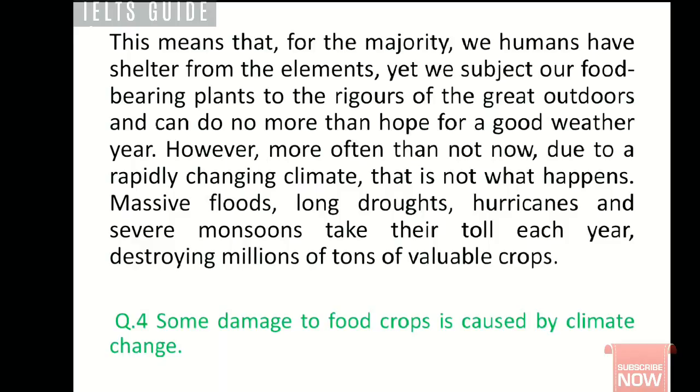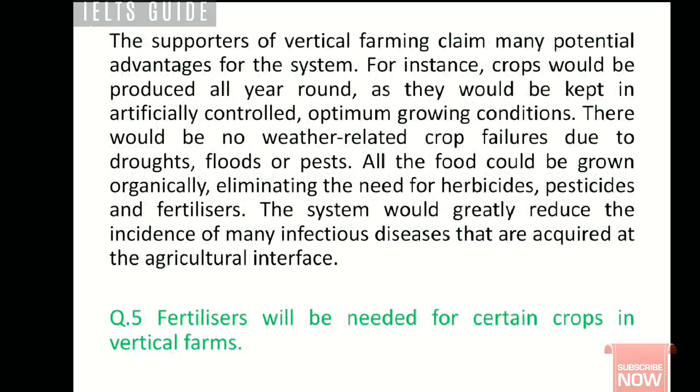Because of climate change, like massive floods, droughts, hurricanes, monsoons, millions of tons of valuable crops are destroyed. So even if it's some, they are saying that some damage to food crops is caused by climate change, so the answer is true. Okay, let's move to question number 5.